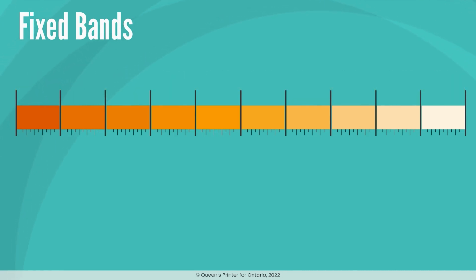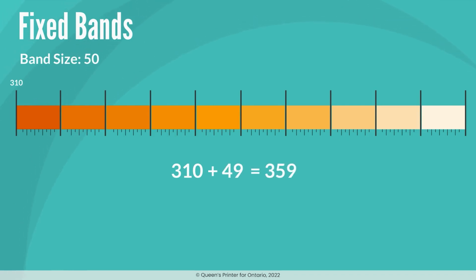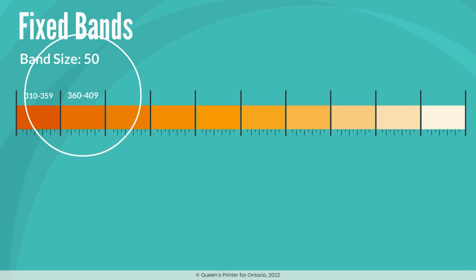Let's say we start our point system at 310, since that's a round number slightly below our lowest job class point value. And let's say that the band size we select is 50. That means our first band is 310 plus 49 to equal 359 points. The next band is 360 points plus 49 to equal 409 points, and so on.